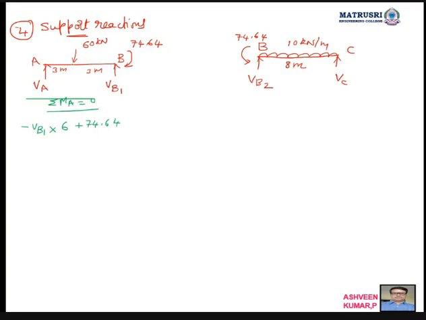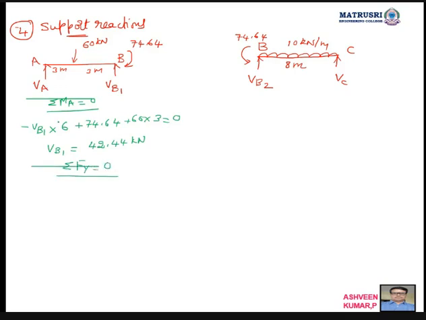Then 60 into 3 is also clockwise, so plus 60 into 3 is equal to 0. If you do the calculations, you will get VB1 as 42.44 kilonewton.